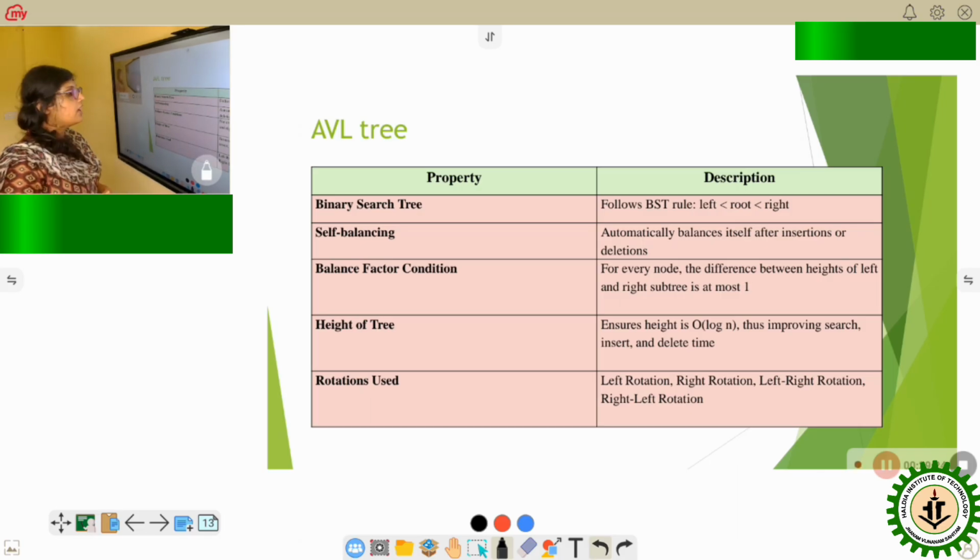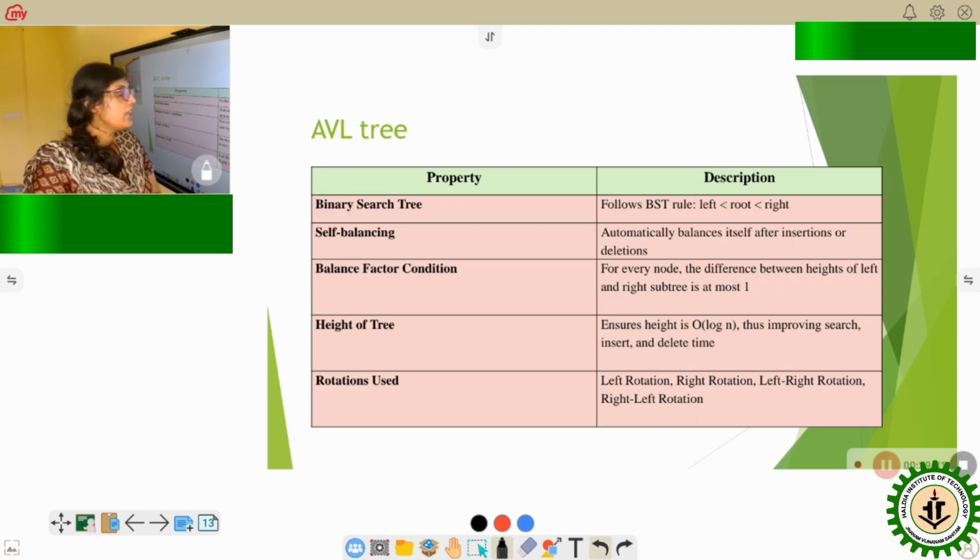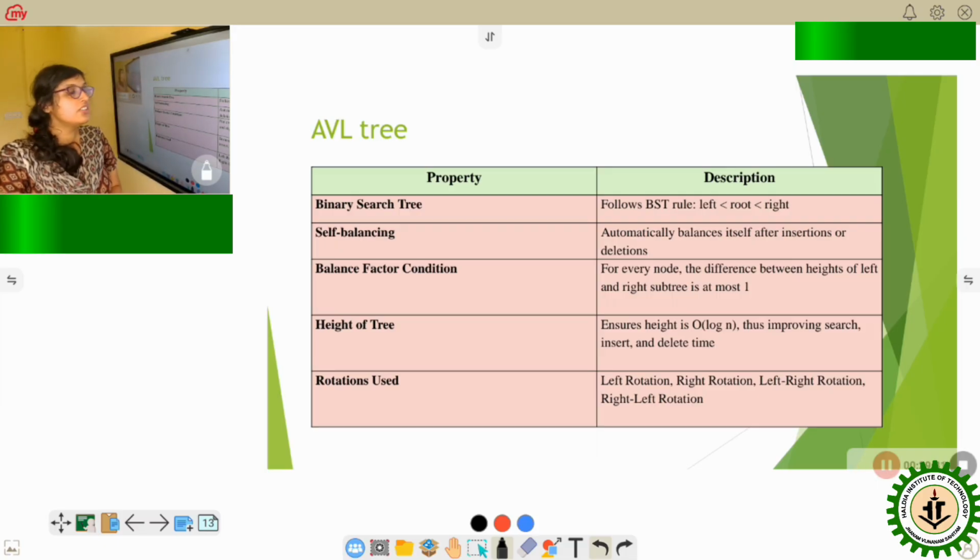Now we will understand the concept of AVL tree. We have already learned binary search tree and understood the limitations of binary search tree. So basically in case of binary search tree, the main problem was skewness. What was the skewness problem?